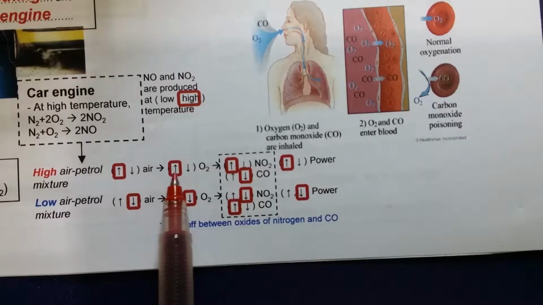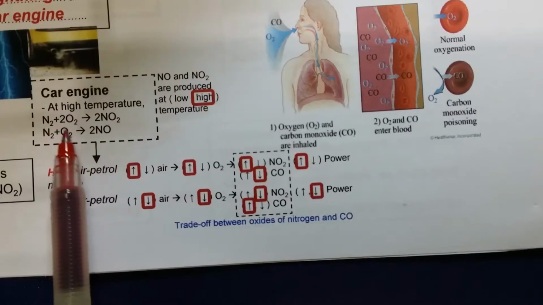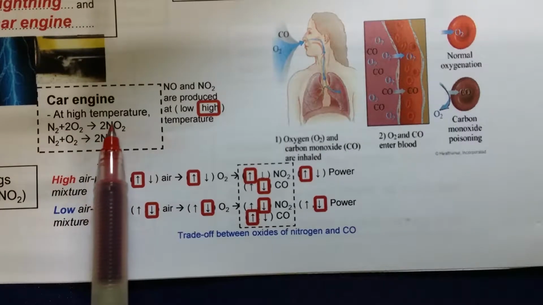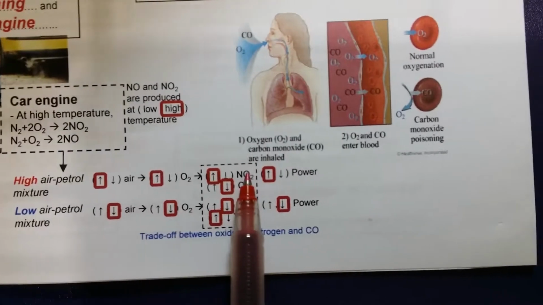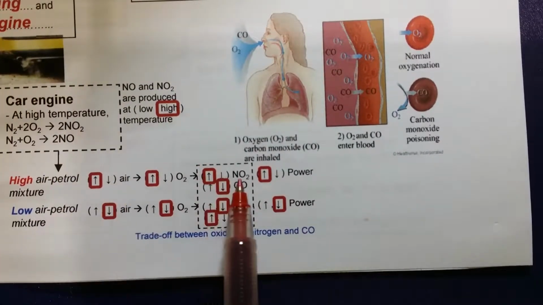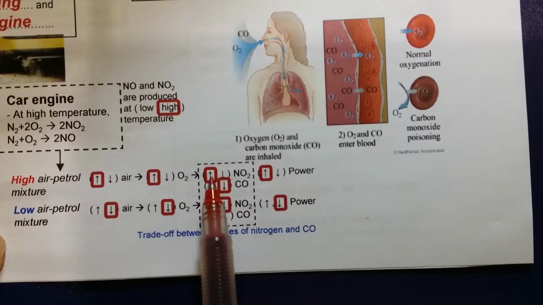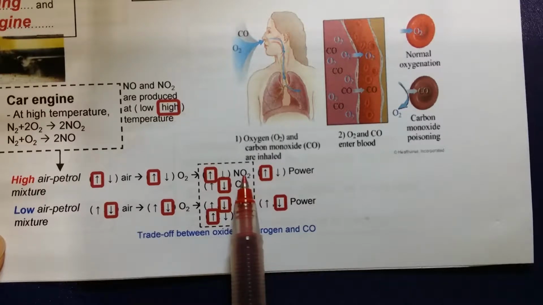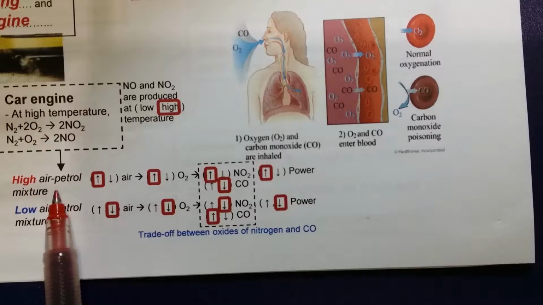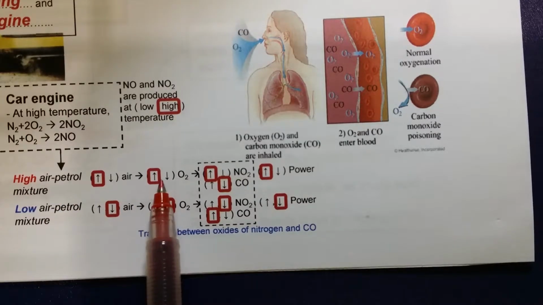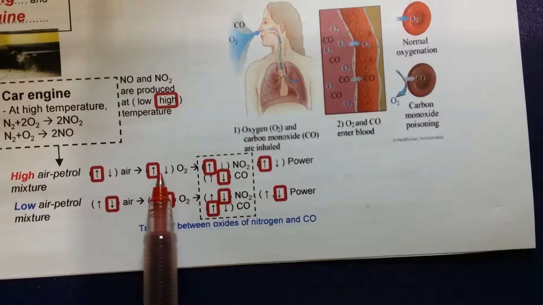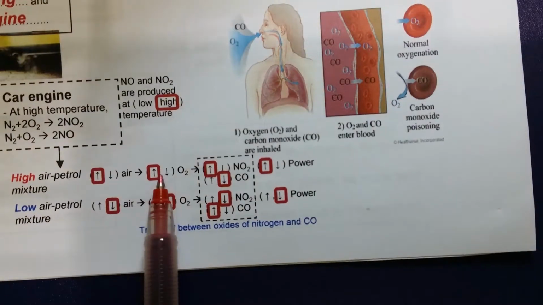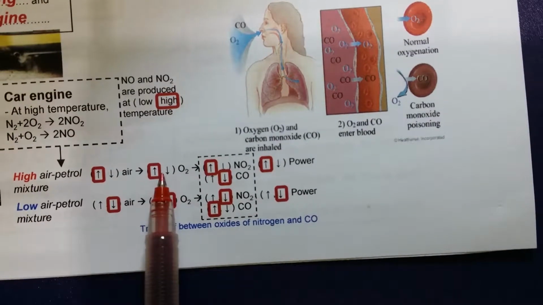So when there is a lot of oxygen in this reaction, there will be a lot of nitrogen dioxide produced, and also a lot of nitrogen monoxide. And at the same time, since there is a lot of oxygen, it means that there will be complete combustion. Complete combustion means that something is burned in excess of oxygen.